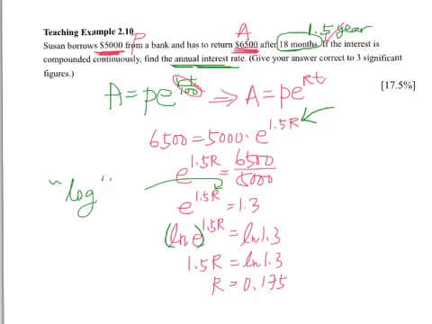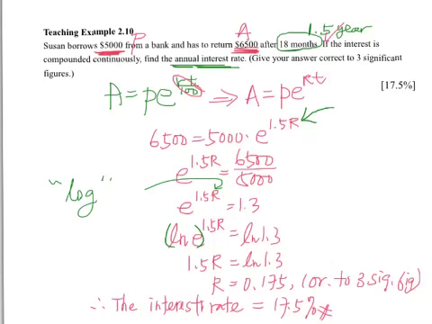R equals 0.175, correct to 3 significant figures. So remember, the capital letter R is not the percentage, you have to make a little bit of change. Therefore the interest rate is 17.5%, okay?